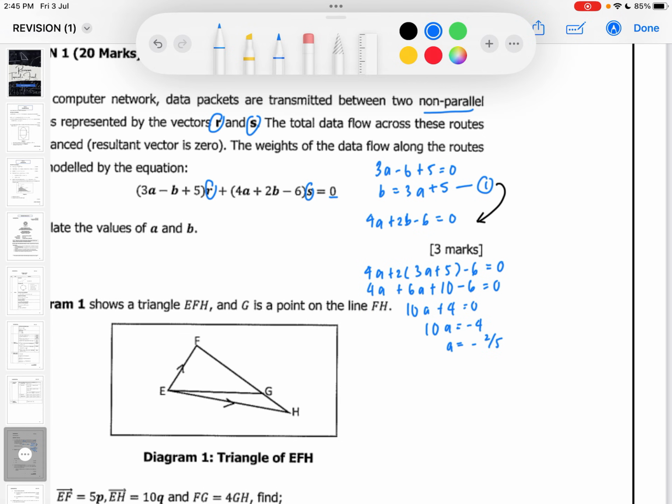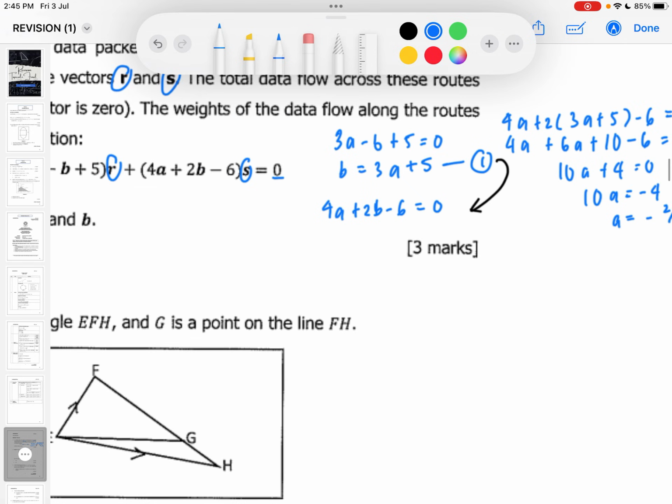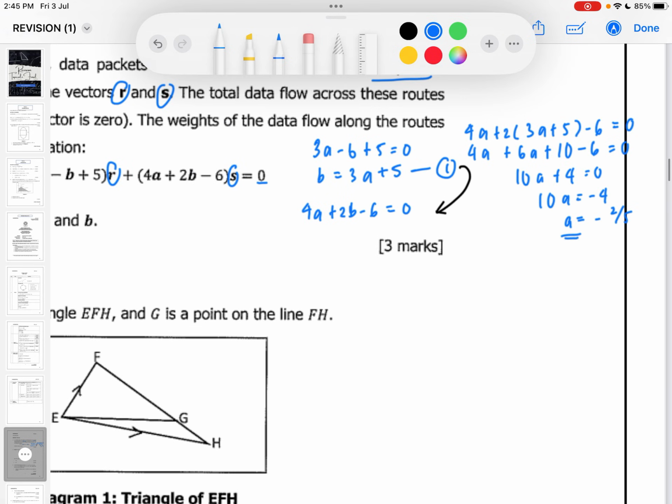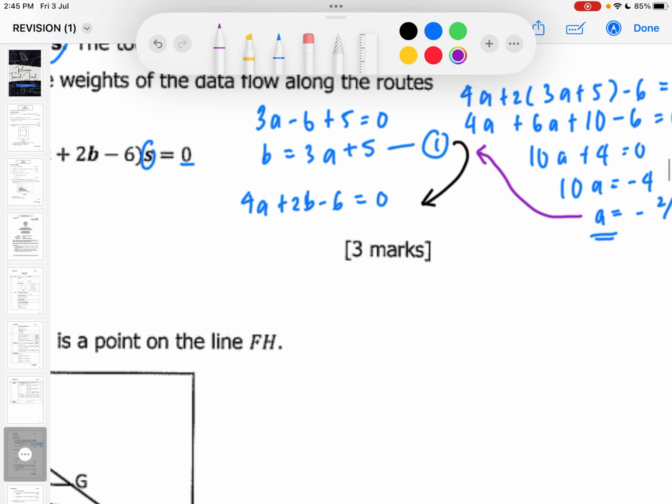So now we already have our a, and then we can calculate our b by substituting it back into here. I'm going to use a different color to show it. So b is going to be 3 times negative 2 over 5, plus 5.